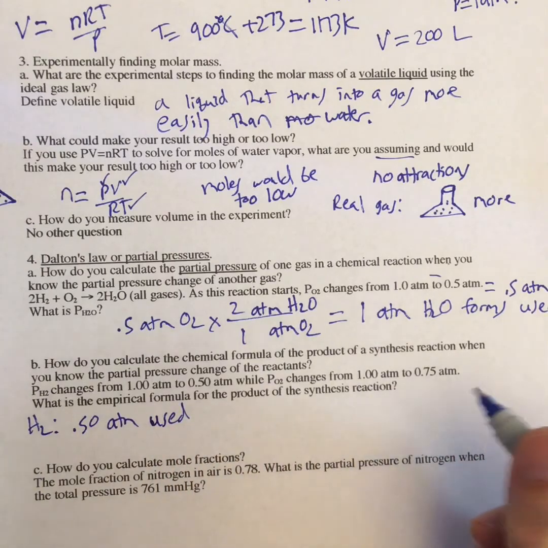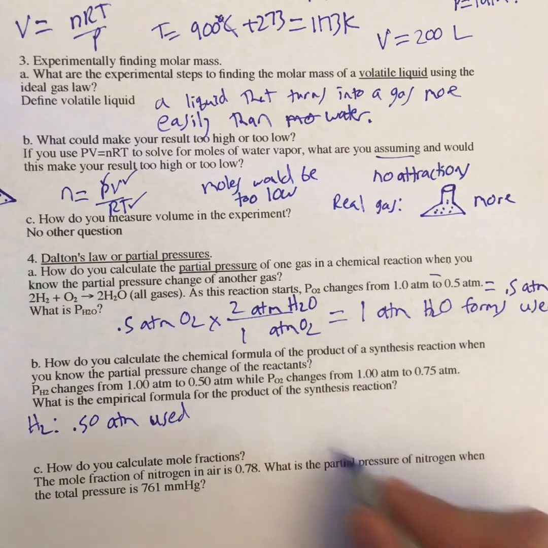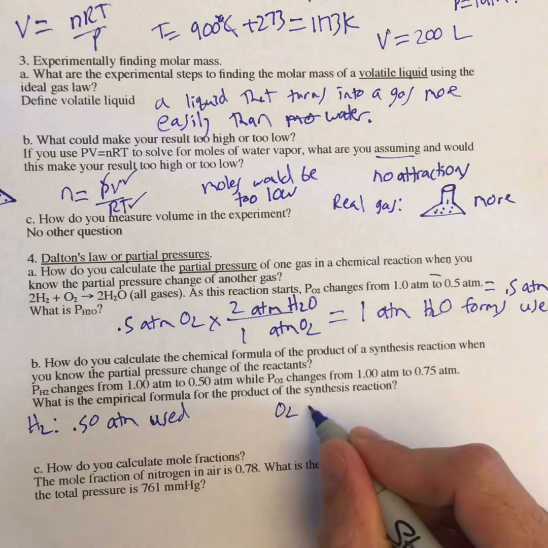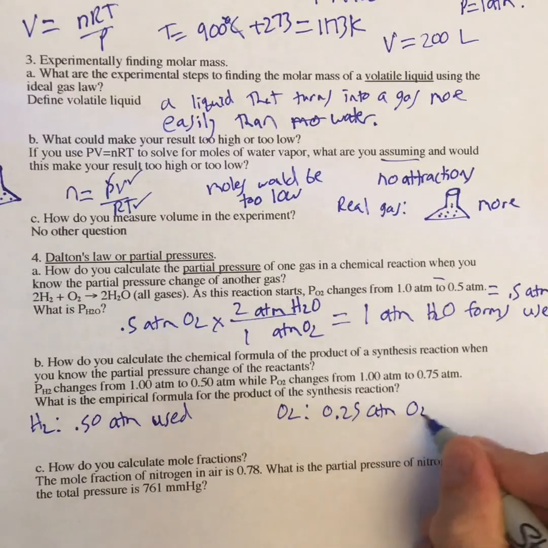For oxygen, there's 1.00 minus 0.75 is 0.25 atmospheres of oxygen that are reacted.